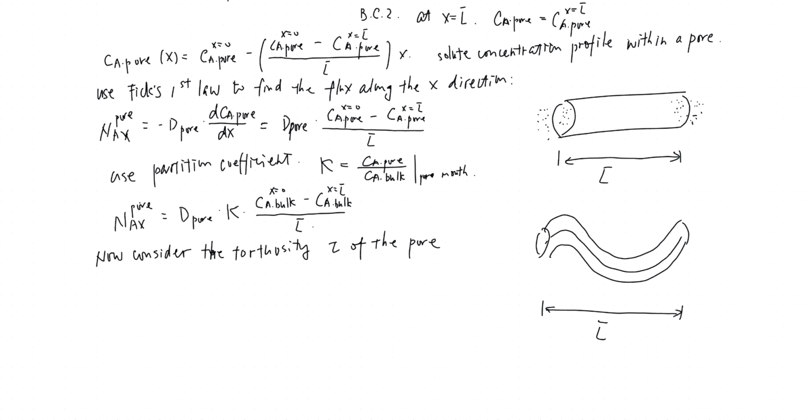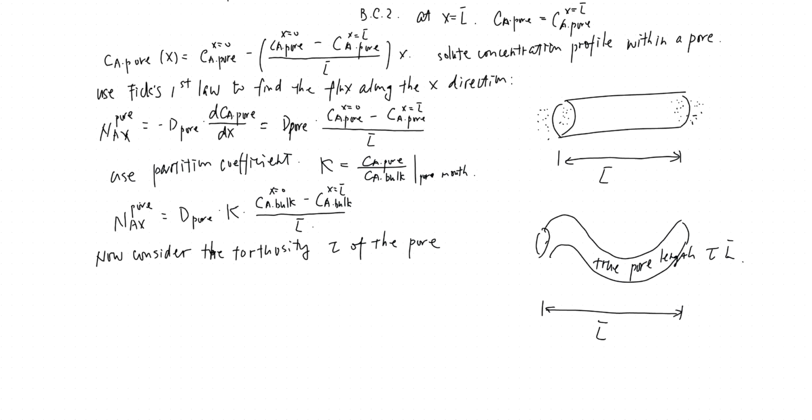So the true pore length would be a coefficient, the tortuosity, multiplied by L bar. So this is the first thing we are going to consider.